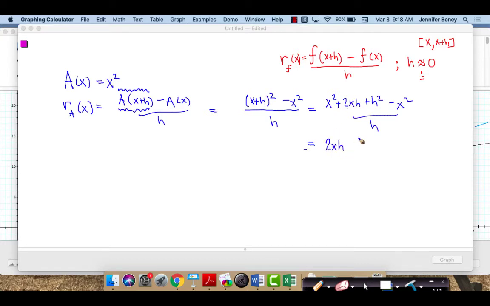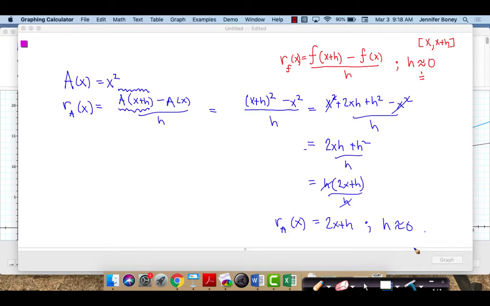But just continuing simplifying this, 2xh plus h squared over h, just by canceling out the like terms, is reducible by a factor of h. So we get 2x plus h. So all this is r sub a of x, as long as I make h essentially 0.